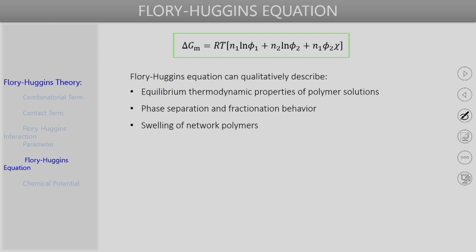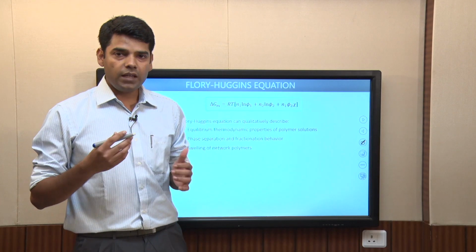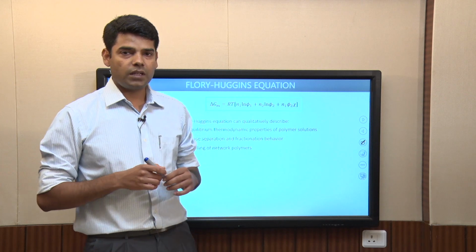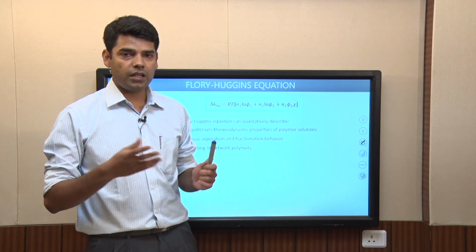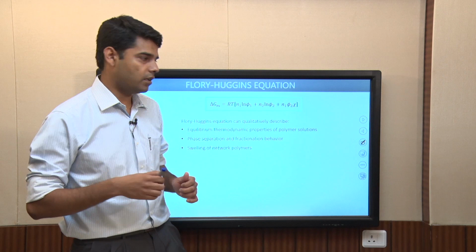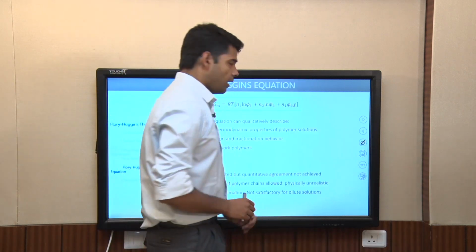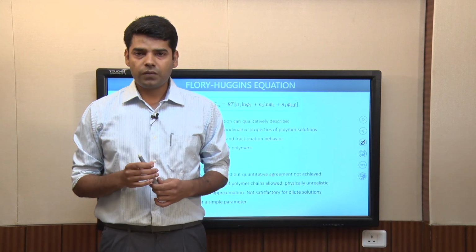Similarly, the phase separation behavior: if we have a polymer solution where the interactions are not good and phase separation occurs, that behavior, which is also connected to fractionation, is qualitatively well described by Flory-Huggins theory. The swelling of network polymers is also something that Flory-Huggins theory describes well. There are other applications as well, but these are the important ones. Next, let us talk about some of the limitations of Flory-Huggins theory.